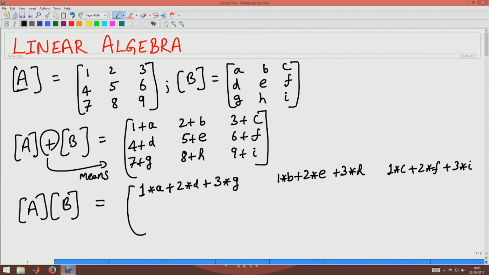Similarly, for the second row of this A into B matrix, I have to multiply the second row of A with each of these columns of B matrix.